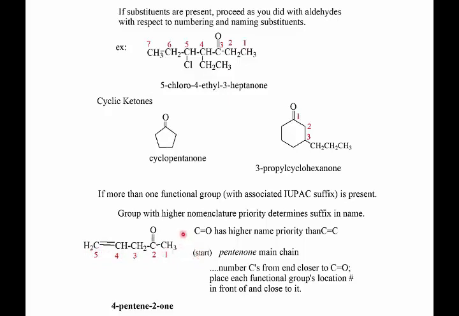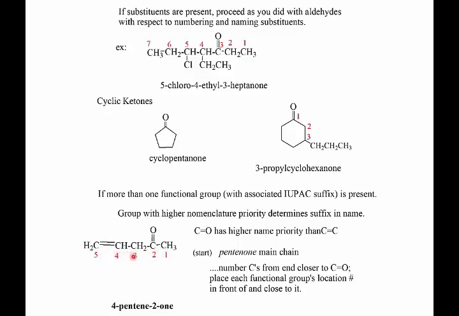So this is basically a pentenone as the parent chain. Now, since the ketone has higher priority, we number the carbons from the end that's near the ketone group and go 1, 2, 3, 4, 5.